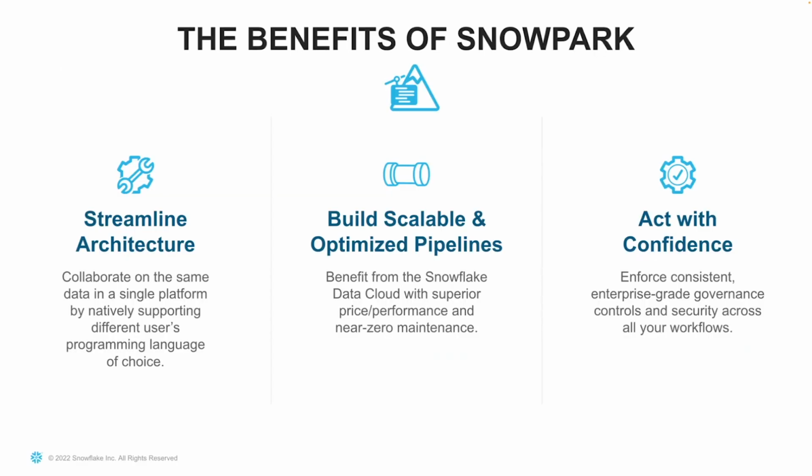With Snowpark, you get a few big benefits. One is a streamlined architecture. Many developers today are already using data frames because of their extensibility for other platforms and libraries. So when you have a data frame for Snowflake, you can run that inside Snowflake, and you can collaborate on the same data in a single platform. You can also build scalable and optimized pipelines.